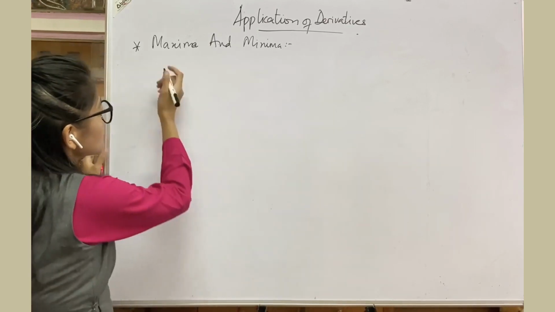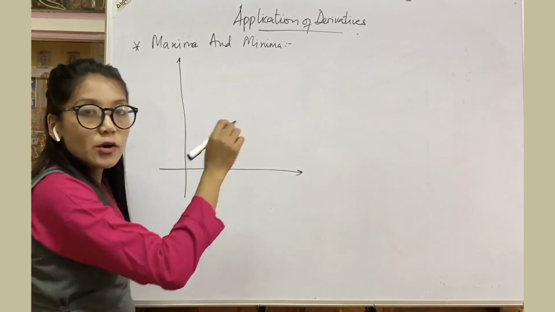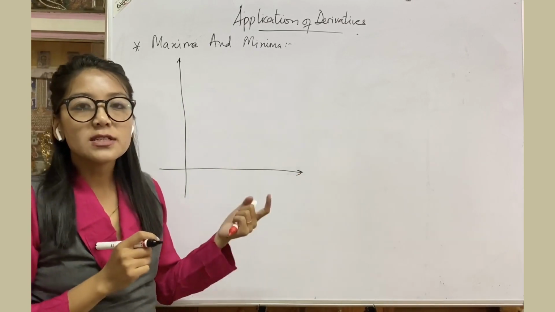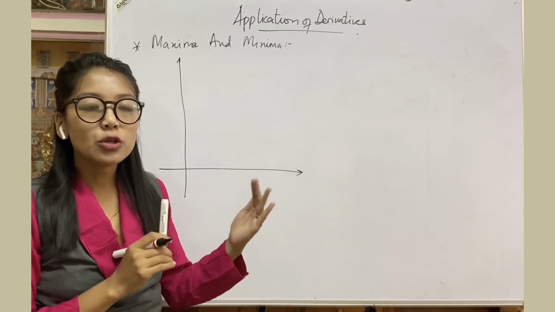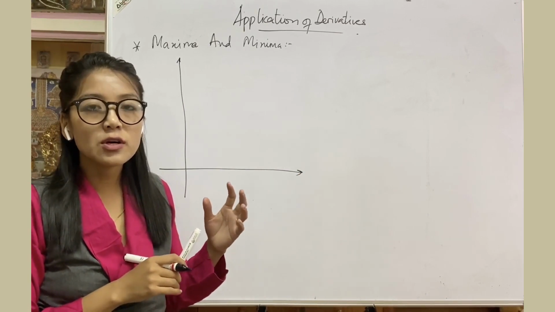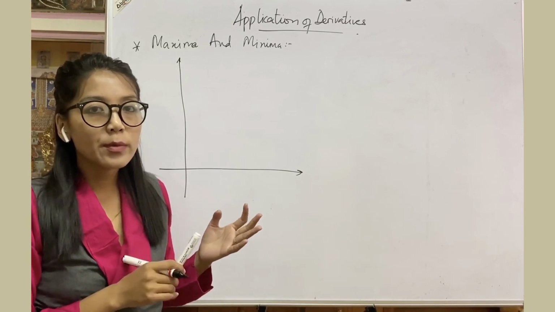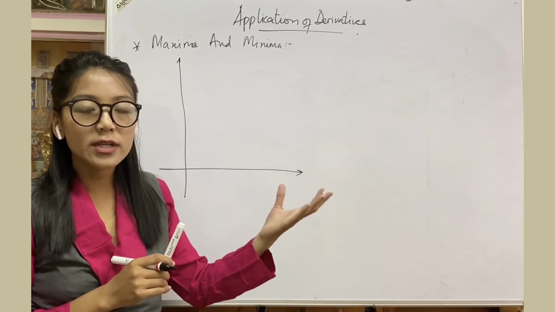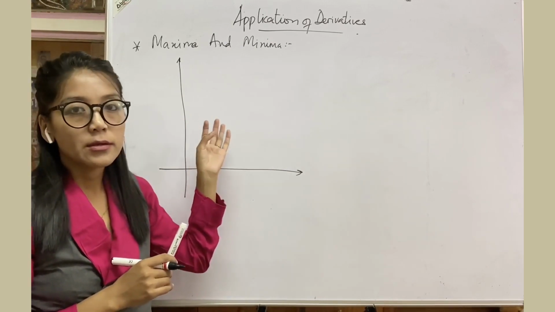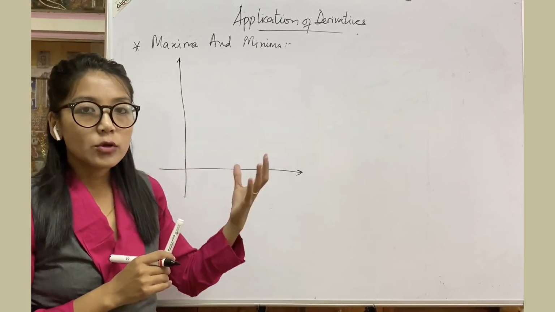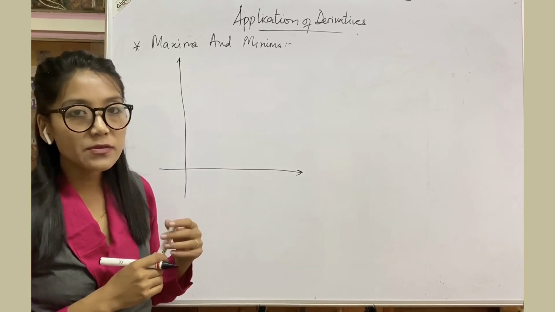I will not go into the details of all the definitions. After this lesson I will give you short notes on the definitions of maximum and minimum value, and local maximum and local minimum value of the function, so you can look at the definitions there. Here I will just explain how we can apply the derivative to the local maximum and local minimum value of the function.